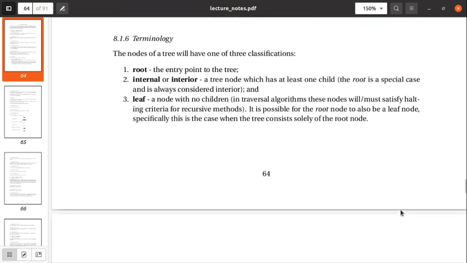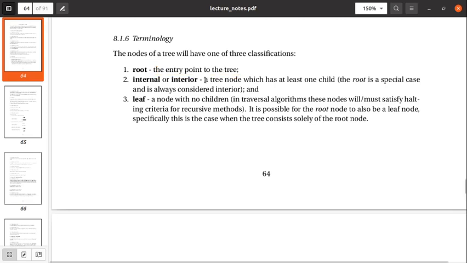Okay, so a little bit of extra terminology. The nodes of a tree will have one of three classifications. There's the root, there's some internal or interior node, and there's the leaf nodes. The root is the entry point to the tree, so it's the reference that you hold in order to traverse the tree or perform any actions against it, either read or modification.